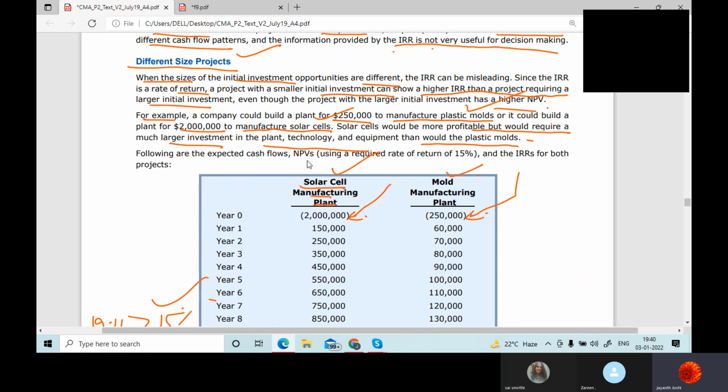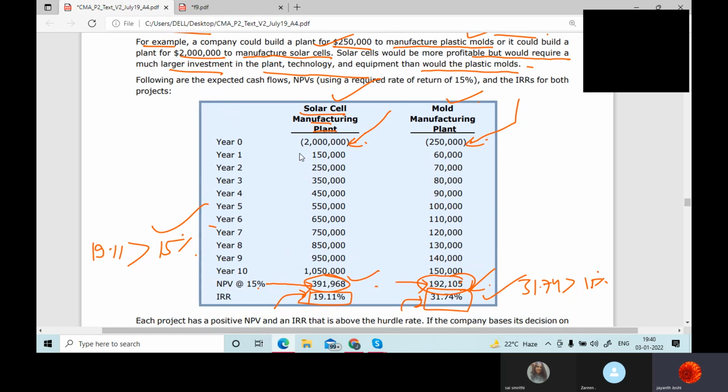So following are the expected cash flows. Let's see the pattern: the pattern is increasing cash flows. Here are the NPVs with the required rate of return of 15%, and the IRRs for both the projects.